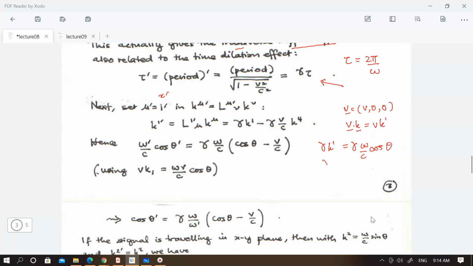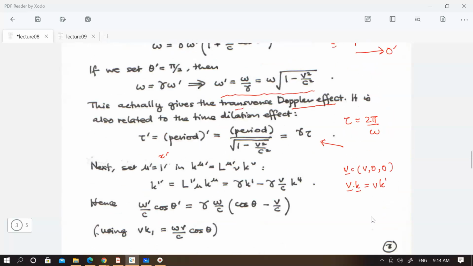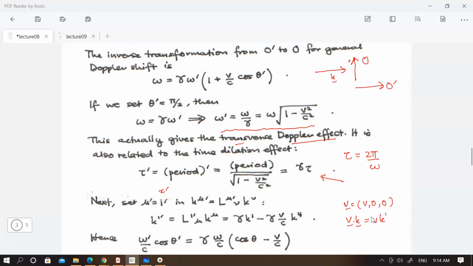So gamma VK1 will be gamma, oops, I don't want this. Let me just figure out, we had that before.